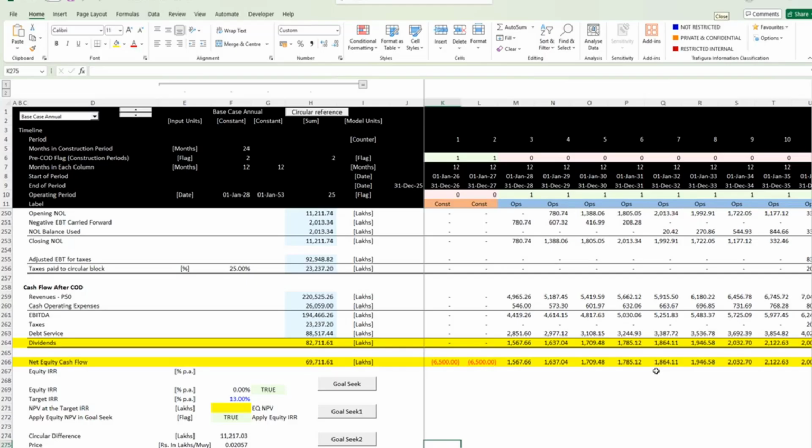So we have an annual model, but can you compute the equity NPV? I hope you can see down there that yellow one. And if you put that equity NPV and put equal, no, IRR, sorry, compute the IRR. XIRR, use XIRR even if it's an annual model.